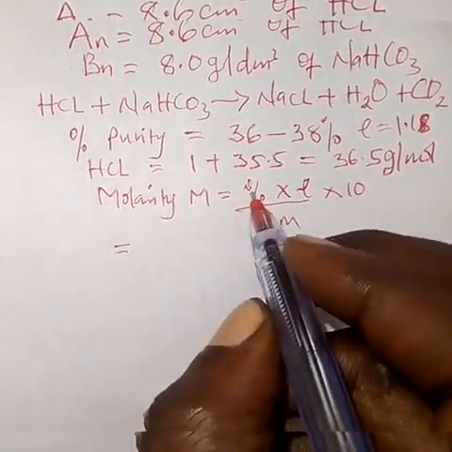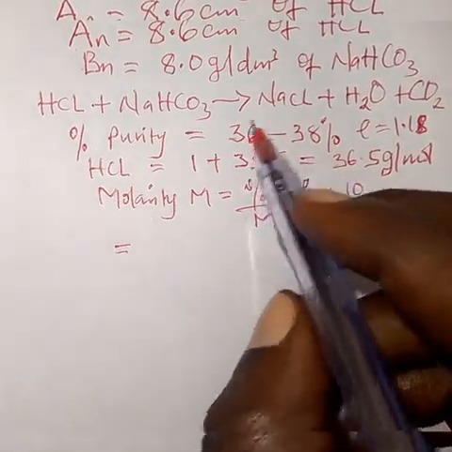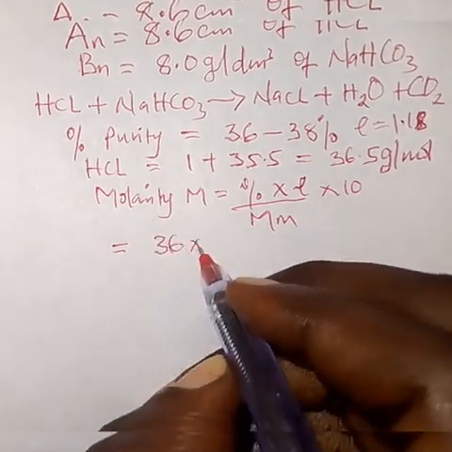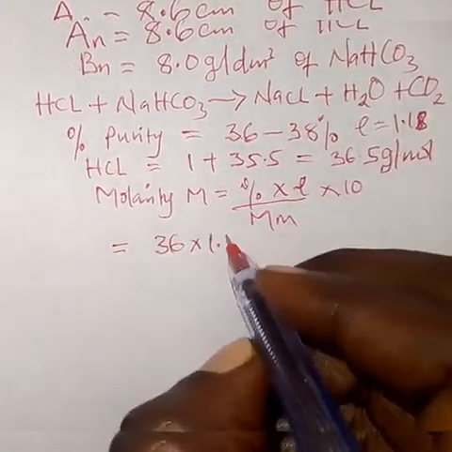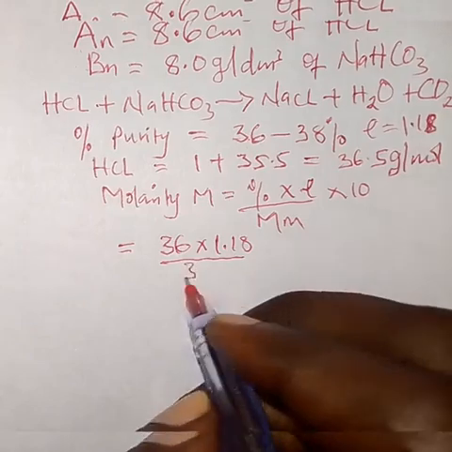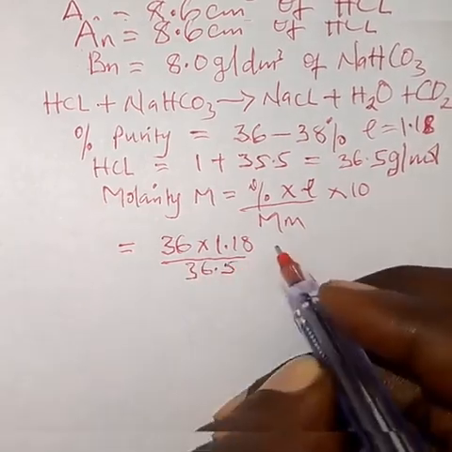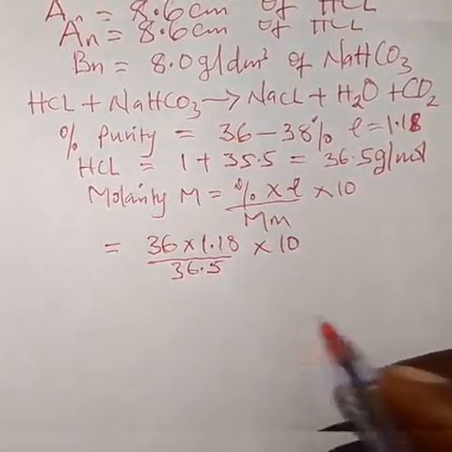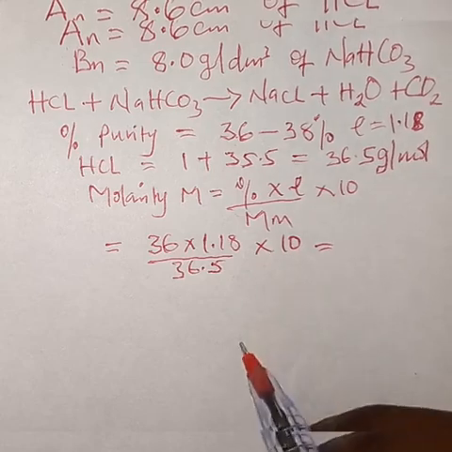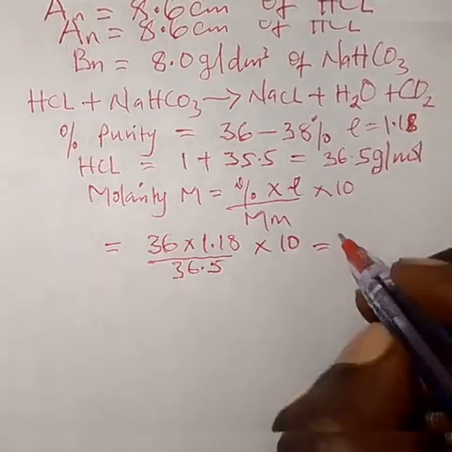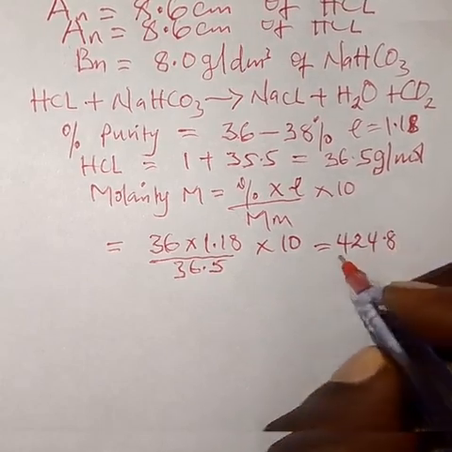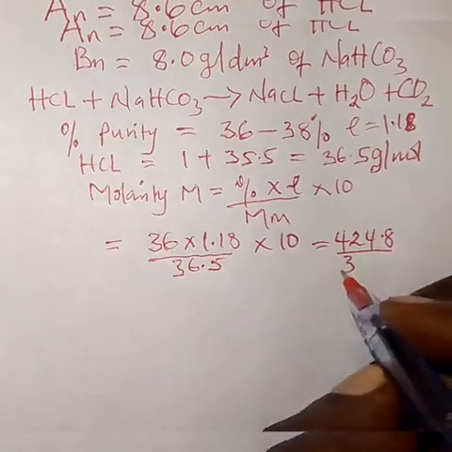So the percentage purity of the substance is 36. We can use 37 or even 38. So 36 multiplied by the density of the substance, which is 1.18, divided by the molar mass, in this case 36.5 grams per mole, then times 10. Alright? So if you multiply the numerators, you should get 424.8 divided by 36.5.